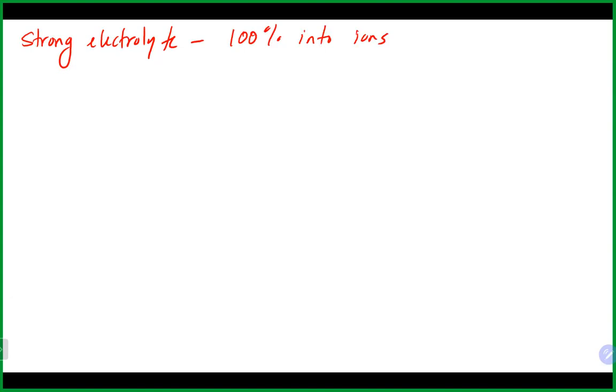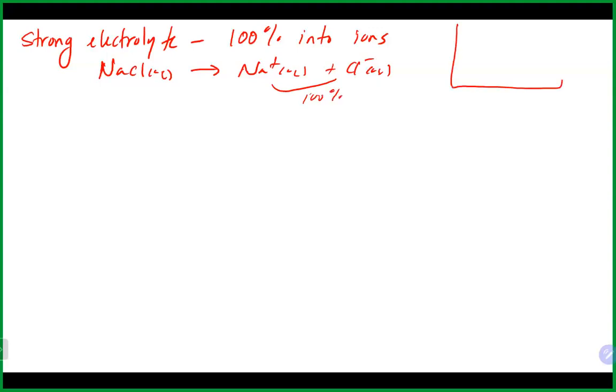You have all ions in solution. So if you had a sodium chloride solution, in the actual solution it would be 100% the ions that are present. You'll have a solution that basically has sodium ions and chloride ions. You will not have any of the sodium chloride units still together.